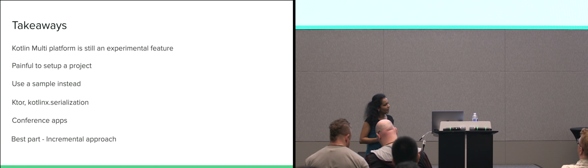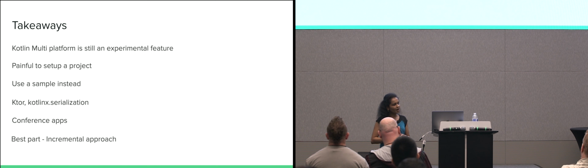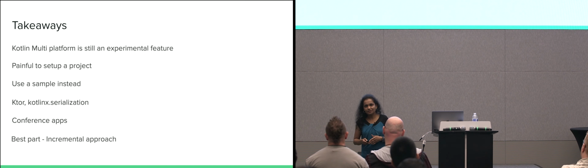I think there are a couple of talks already published by the TouchLab president, who actually worked on the DroidCon conference app. And the best part about Kotlin Multiplatform is, we don't have to implement everything in one single stretch. Instead, we can take an incremental approach.